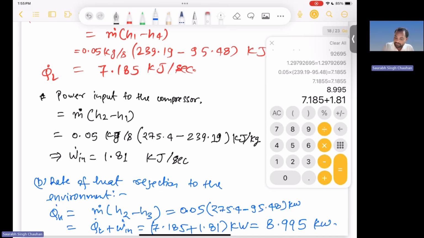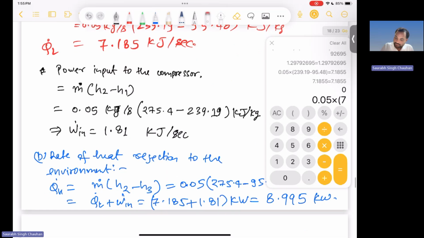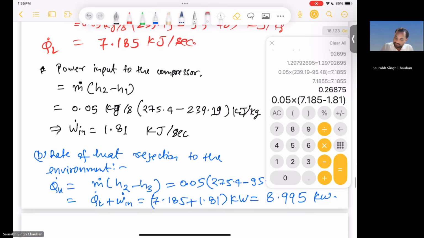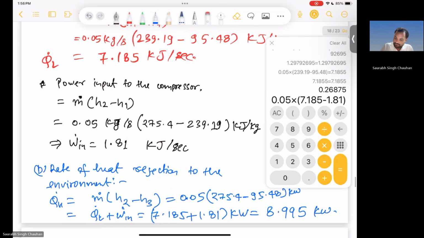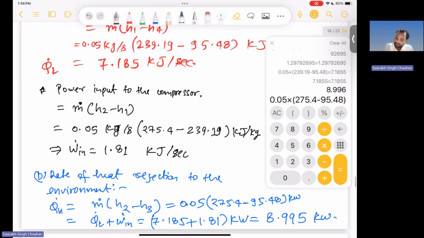Then these values will be the same. So this is again 8.996 kilowatt.